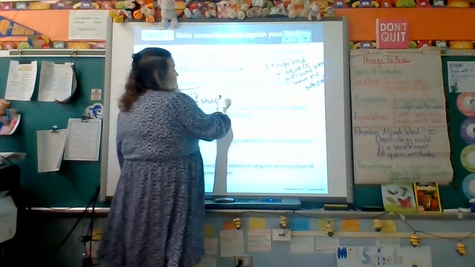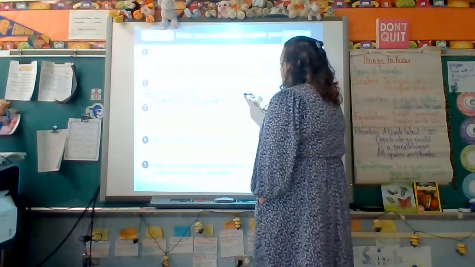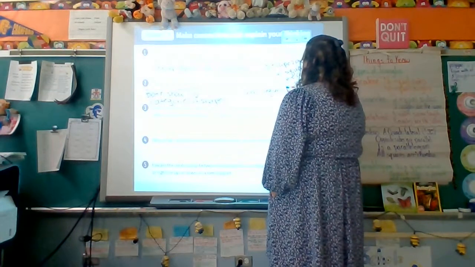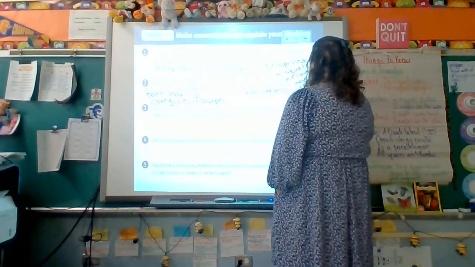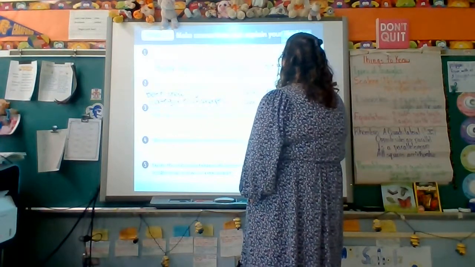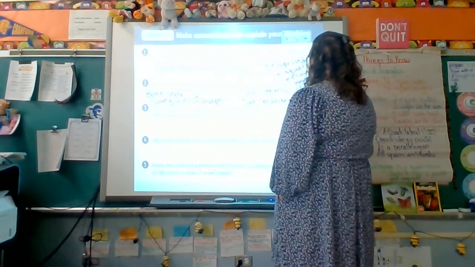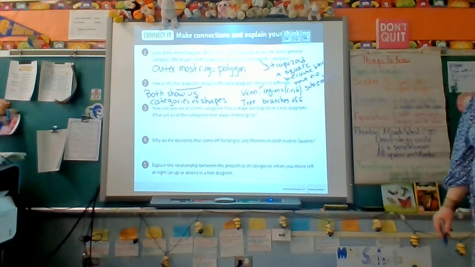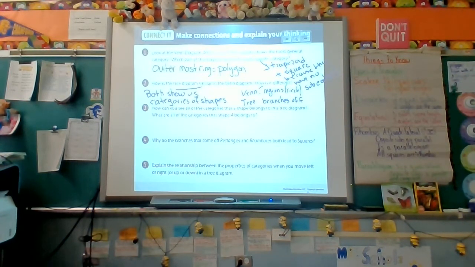But here's where they're different. The Venn is going to use regions or circles, okay? And then the tree diagram, that branches off. That's why it's called a tree diagram. It branches off to show us those different qualities or attributes that we might see. Time to think that through, write it down.